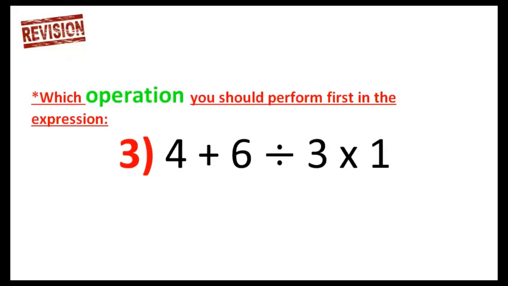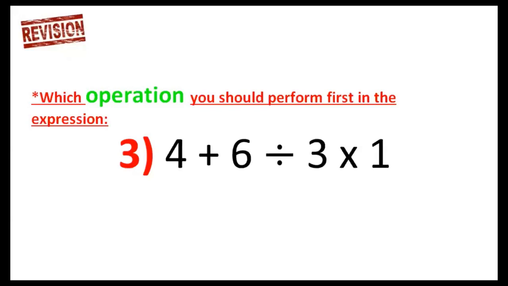4 plus 6 divided 3 by 1. Okay, where am I going to start? I have addition, division, and multiplication in the same statement, so I'm going to start from left to right. Why? Because I don't have any brackets, so I'm not going to start with brackets first.